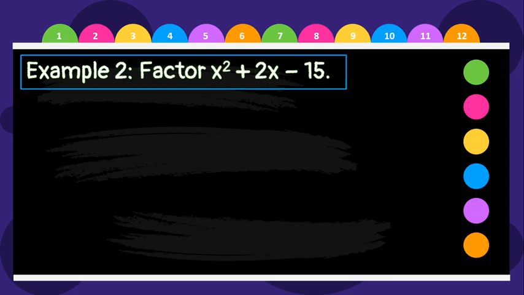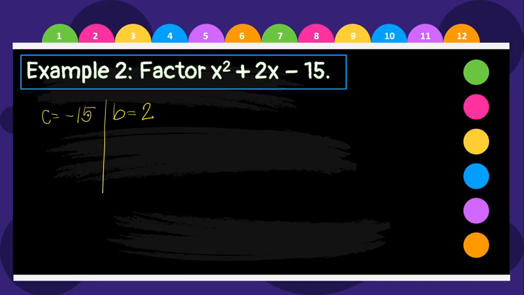Let's have another example. Factor x squared plus 2x minus 15. This time, our c is negative 15 and our b is positive 2. Meaning we're going to have two different signs, one positive and one negative.